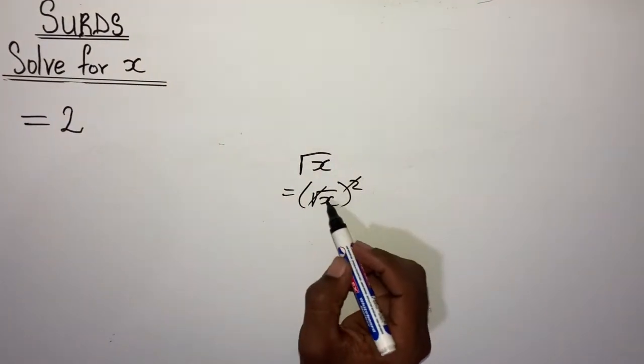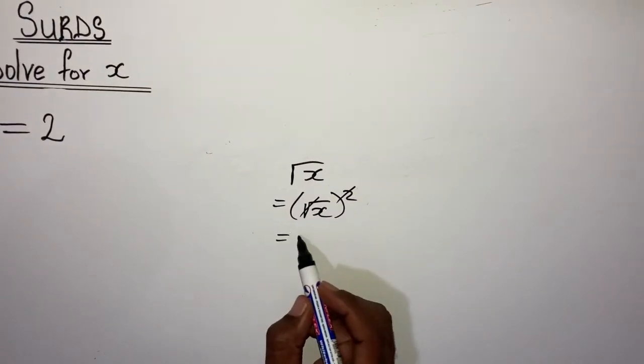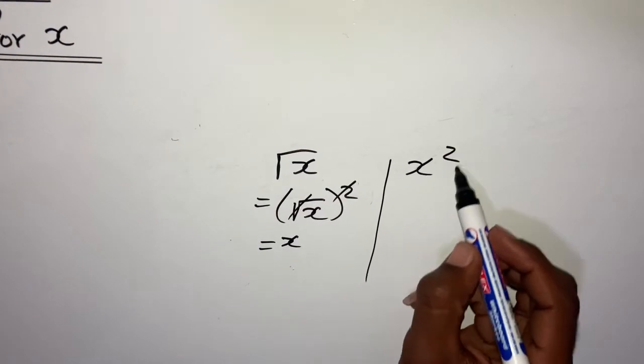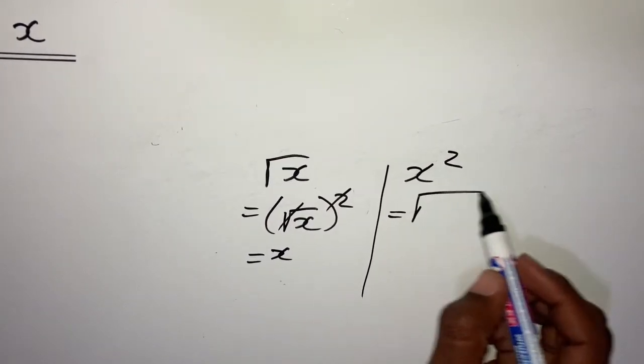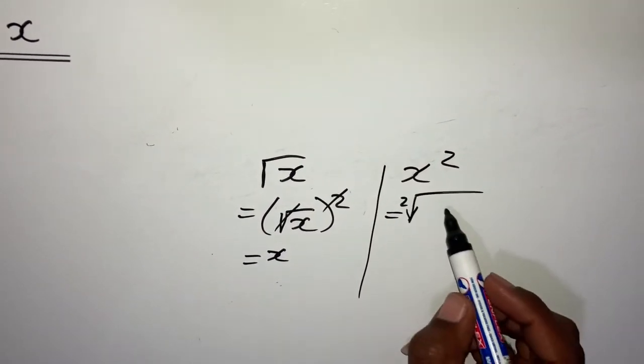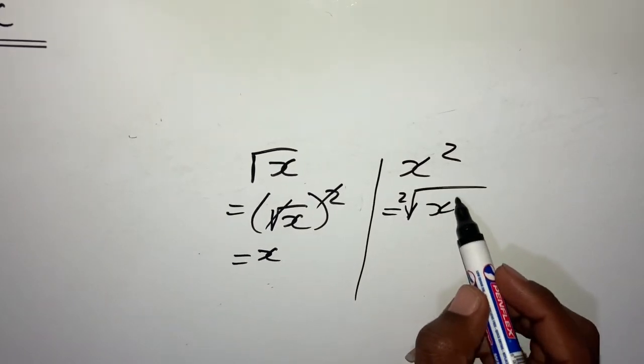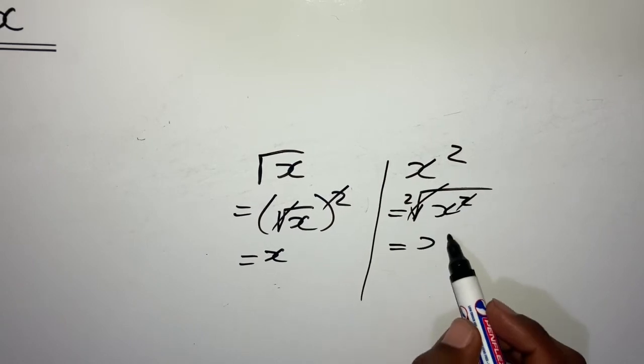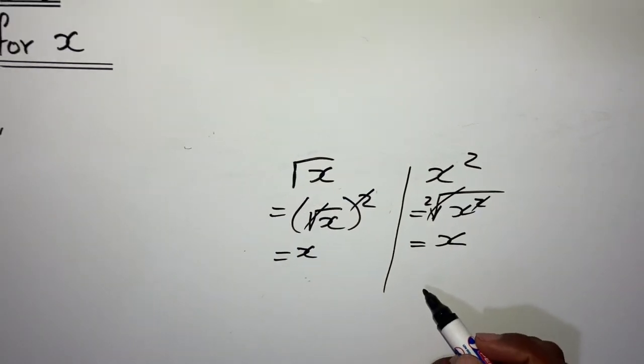These will cancel, then you remain with x. As much as to remove a square you will have to root, they cancel, I remain with an x.